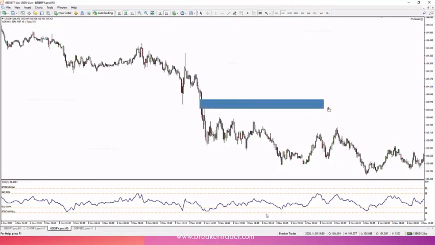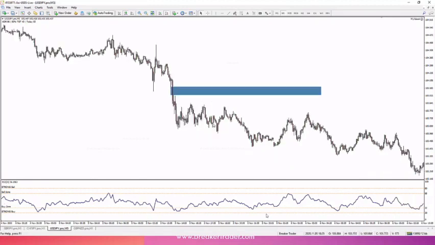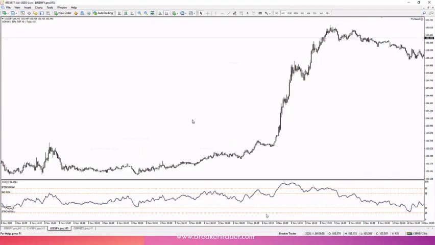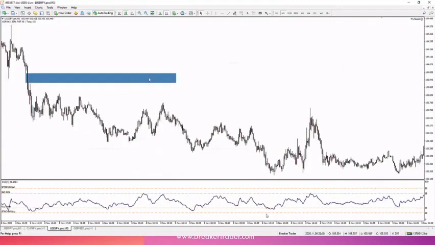You're going to see more and more of these inefficiencies drawn on lower time frames, and as you go through time, these will take any amount of time to get filled in. So what I'm trying to say is, if you're a short-term trader and you're taking long opportunities down here with a view to this being filled, this could be part of a much larger propulsion candle on a higher time frame.